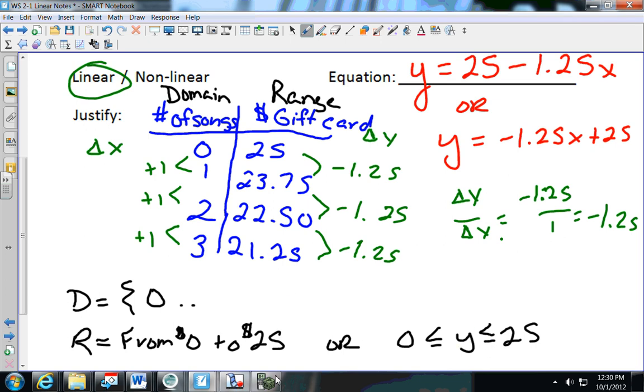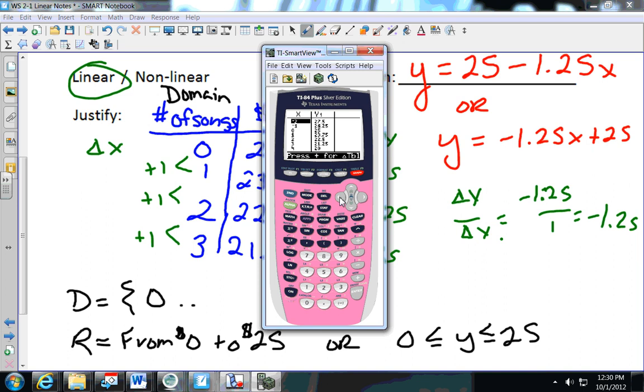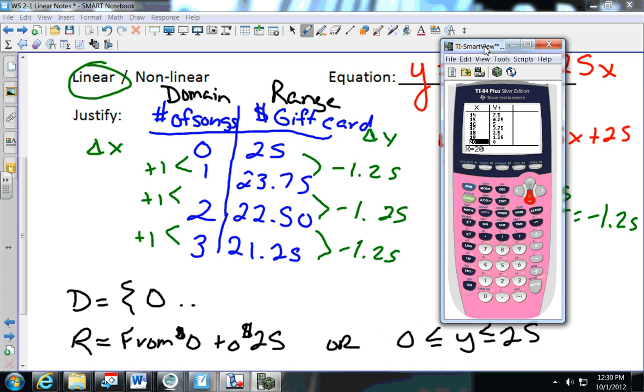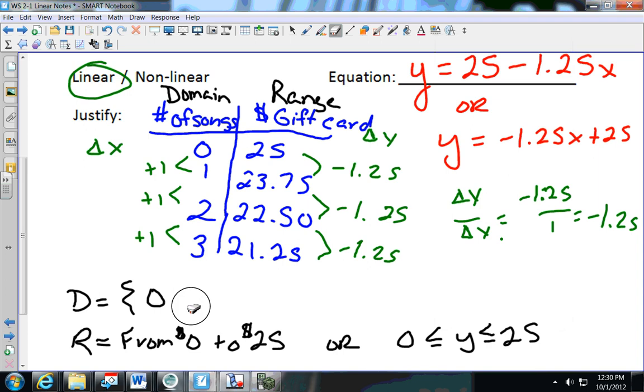Now the domain, I need to figure out when they run out of money. So when I go down here, I'm going to figure out when y is 0. And there it is. How many songs could they download? 20. So if I wanted to, I could write this a couple ways too.